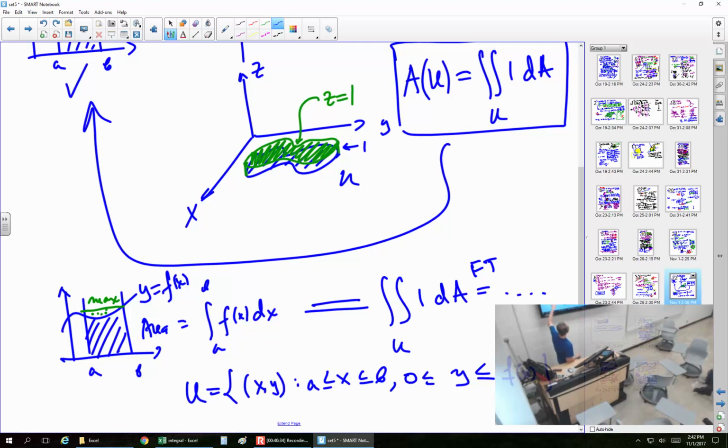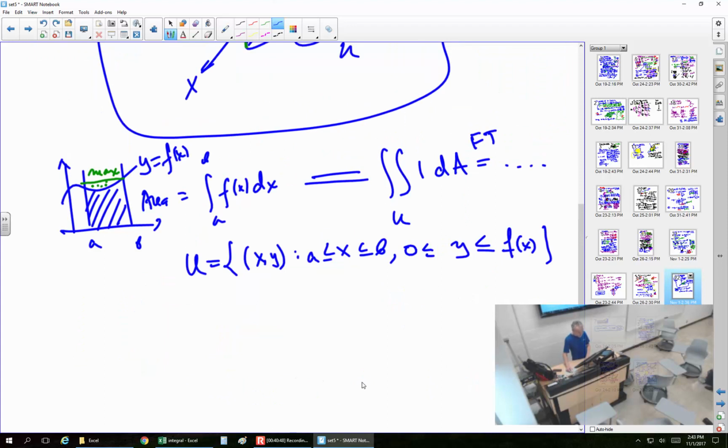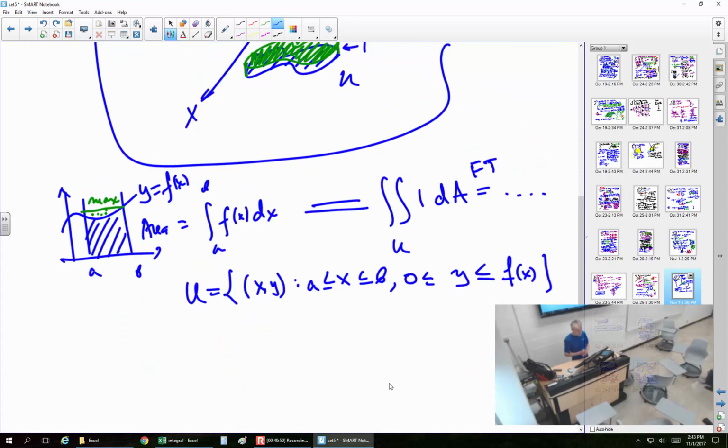Over here you have one upper limit, over there you have a different upper limit. So it depends on x, and what is the dependence? Simply f of x. All right, so that's good. So we have our region U, and we realize what the Fubinian theorem is supposed to look like based on this analysis.